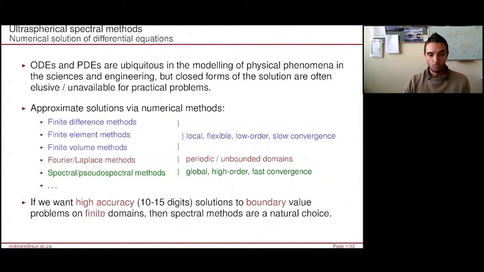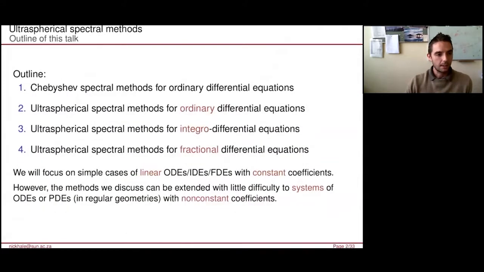So that's sort of the opposite end of the spectrum to the finite difference, finite element methods, where we have low order accuracy. Here we're getting very high order convergence, typically geometric if the solution is smooth enough. So yeah, that's the aim. I want to try and get high accuracy solutions to boundary value problems on finite domains. And to do that, I'm going to try and use spectral methods.